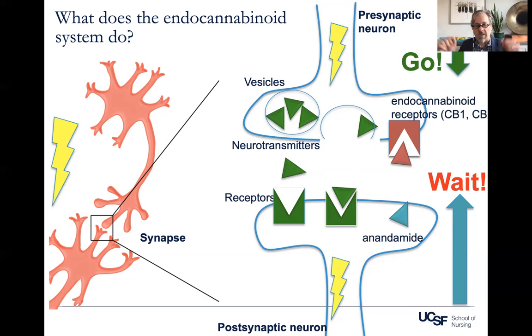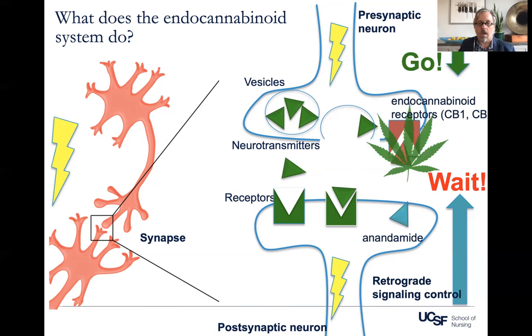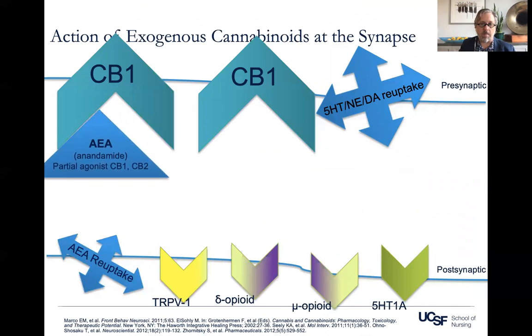This is when the person who's stacking all the boxes inside the truck says, hey, hold up a second, and then that gets passed down the fire line, kind of like telephone. So this is what the endocannabinoid system is doing in the brain, creating this retrograde signaling control. And exogenous cannabinoids do the same thing.